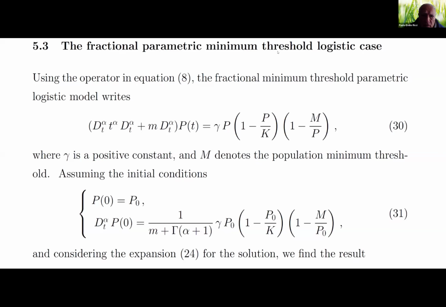The minimum threshold means that not only are the resources of the environment limited, as indicated by this parameter here, but there is another parameter, capital M, because capital M denotes the population minimum threshold under which the population goes to extinction.